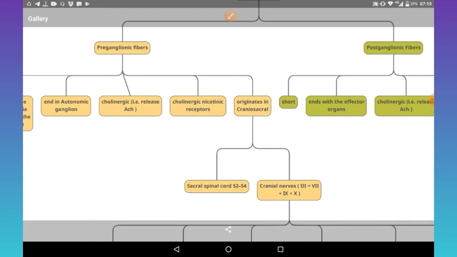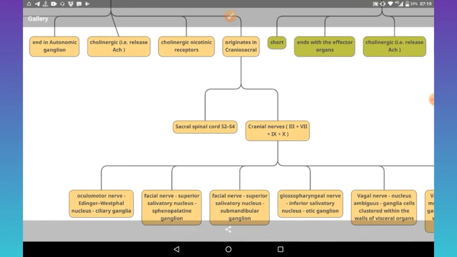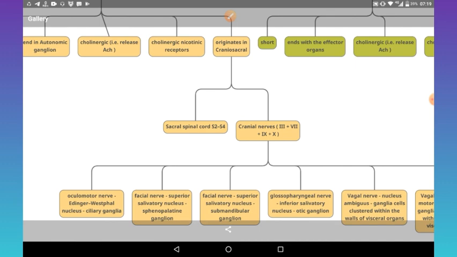These are the oculomotor nerve with the Edinger-Westphal nucleus and ciliary ganglia; the facial nerve, which has two nuclei: the superior salivatory nucleus with the sphenopalatine ganglia, and the facial superior salivary nucleus with the submandibular ganglia.